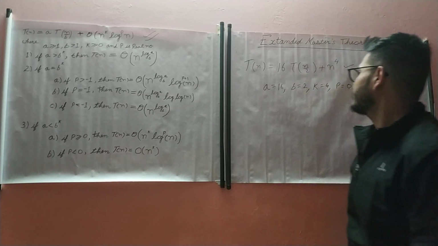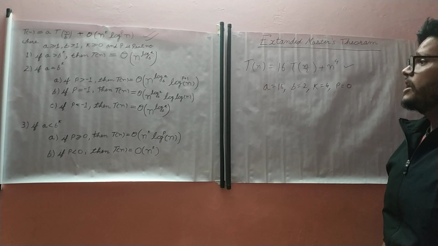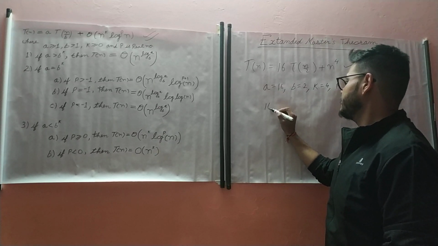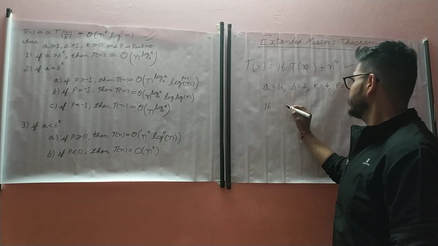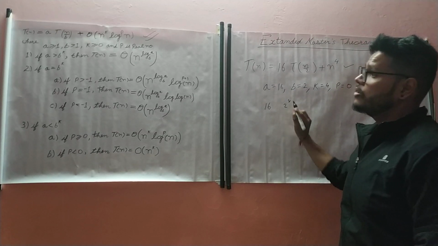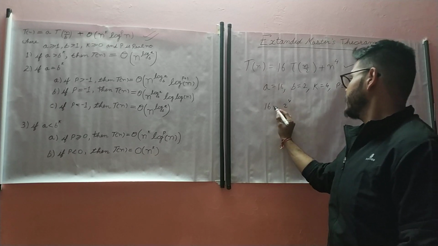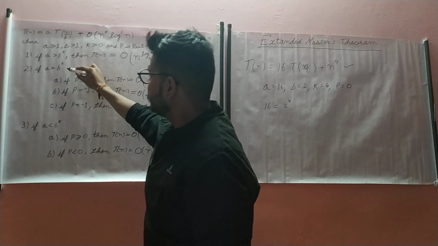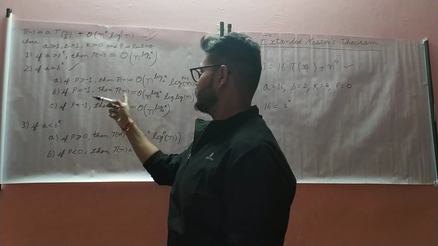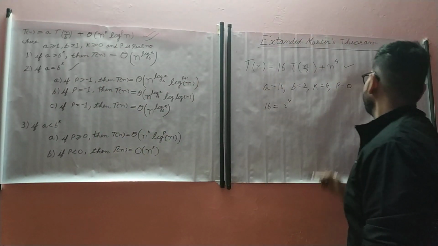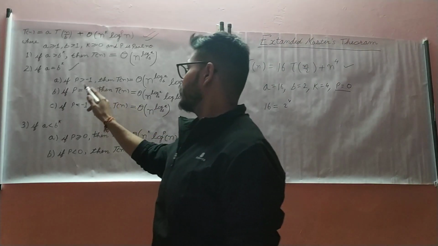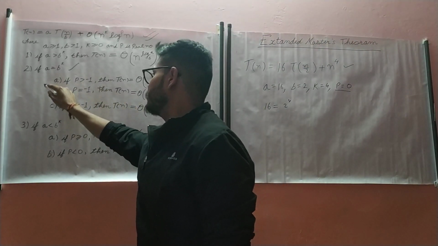Now we compare a and b^k. So 16, and b^k is 2^4. So a and b^k are equal, so we will see under this one. Now the value of p is 0, so we will consider this one.